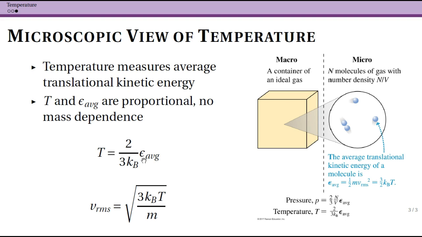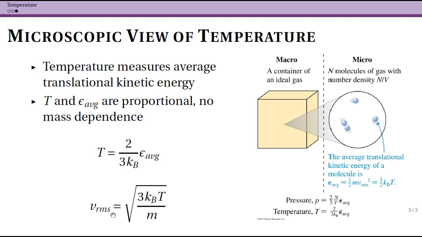Then you can go back to your definition of how the average energy per molecule relates to mass and v_rms, and you can get a relationship between the average speed, in a root mean square definition, and temperature, and that does relate to mass. So these equations are going to be really important for all of our microscopic work with gases.